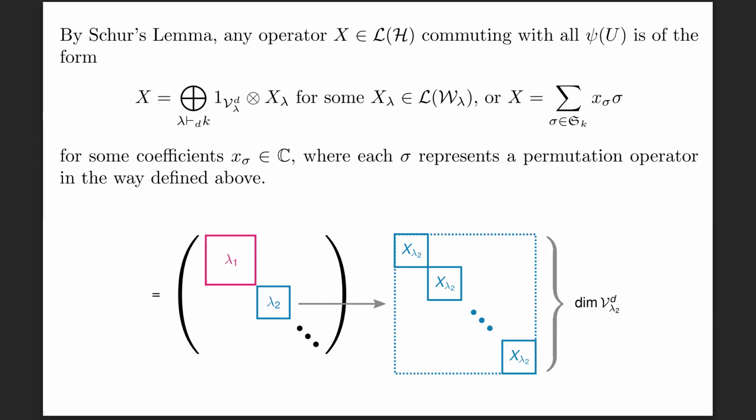And we would also think of operators in this space actually being writable as a sum over permutation representations. So if we have an operator that commutes with all of the unitary representations, it must have this form.